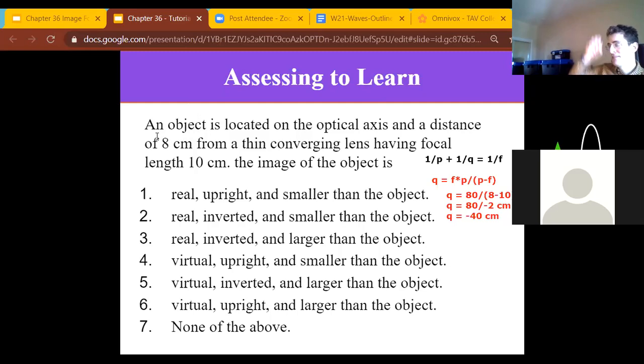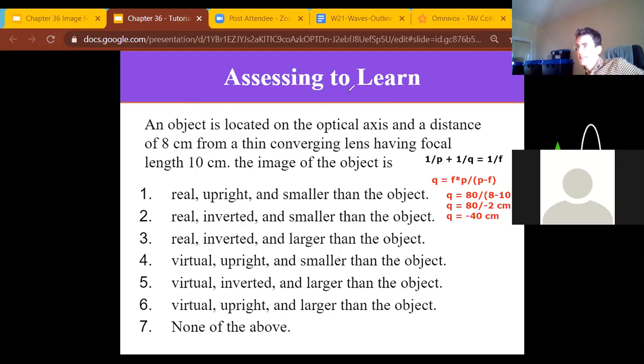When we were looking at mirrors, it was the other way around. But in this case, a positive value of Q would mean that it will be on the right side. If the value is negative, it's on the same side as the object. So we got a negative number for Q, so the image appears to be formed on the left side.